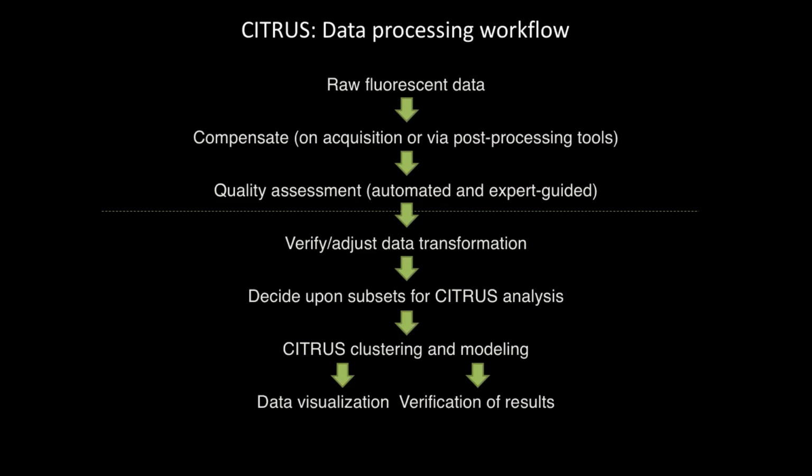So it's really important, for pretty much any platform that you use in Cytobank, that you verify your scaling. With flow cytometry data, scaling can sometimes be quite different between channels, so it needs to be controlled for. Then we identify subsets for Citrus analysis. In the default way, we would just use all our live lymphocyte cells for Citrus.